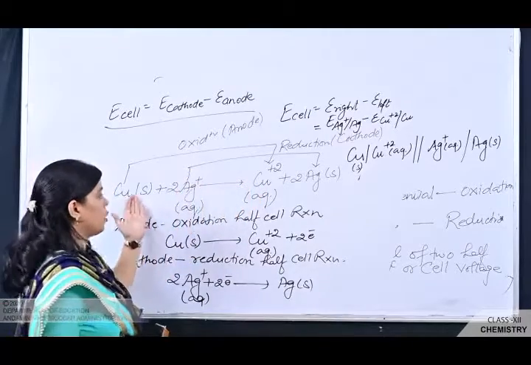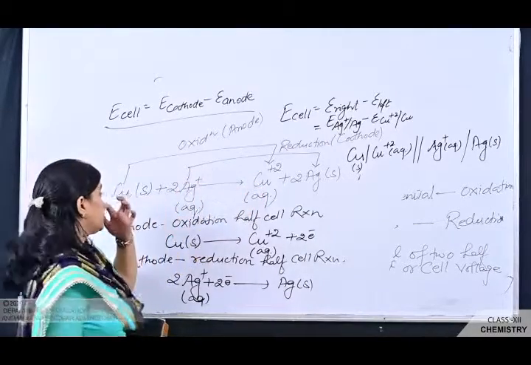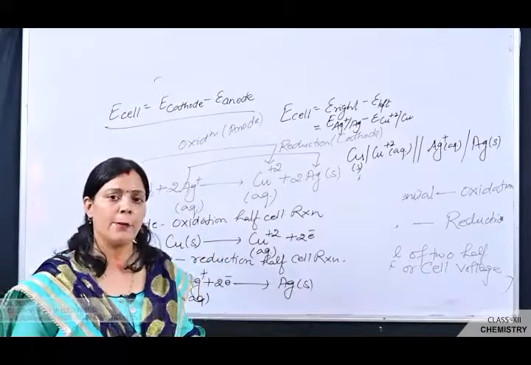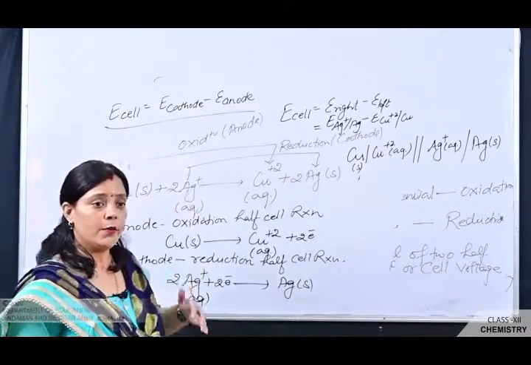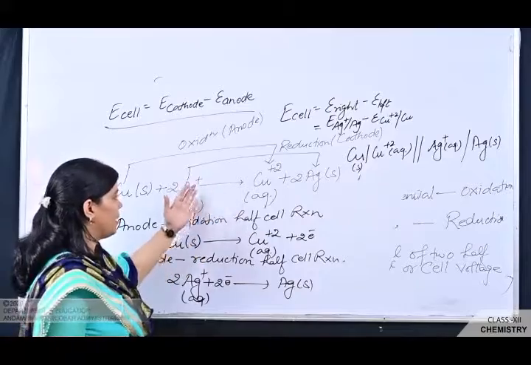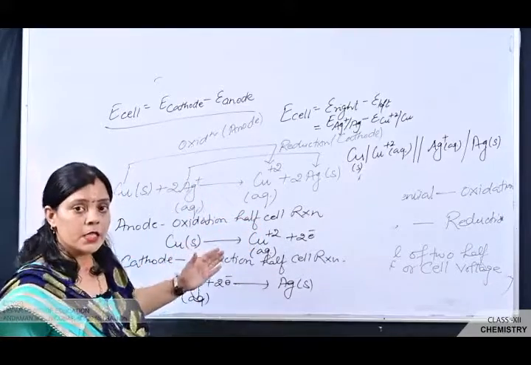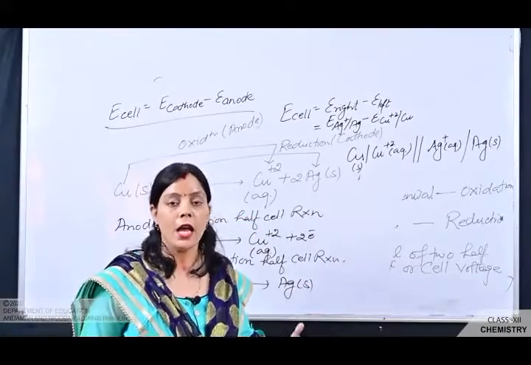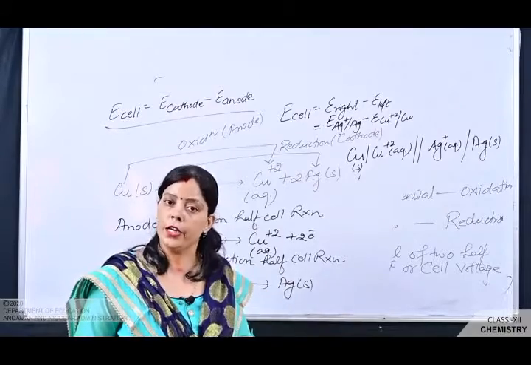So this is a reaction which is given. In this reaction the copper undergoes the oxidation reaction. So students, when you are provided with any type of electrochemical cell reaction, with the help of the cell reaction you can easily identify which species is undergoing oxidation and which species is undergoing reduction.